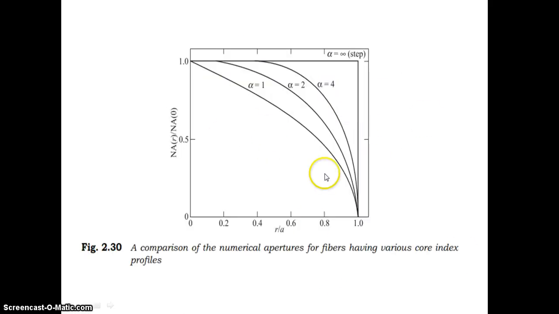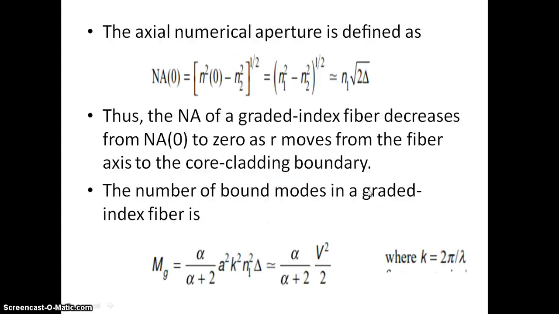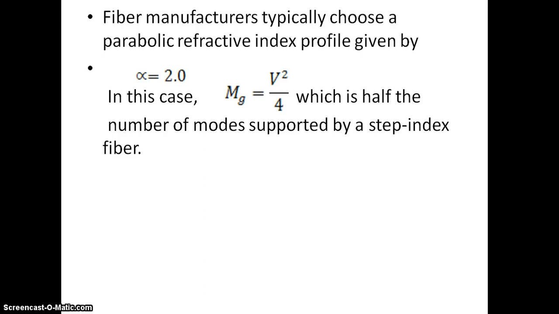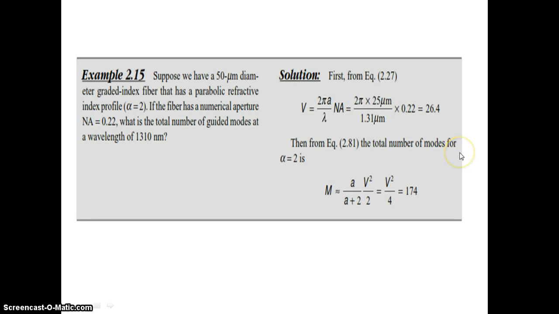This figure shows the numerical apertures of fibers having various core index profiles, and this is the formula for the number of modes. For graded index, M_g equal to V squared by 4, whereas for step index it is M equal to V squared by 2, as we have calculated. Here V squared by 4 is half the number of modes supported by the step index fiber. Okay, so this problem shows how to calculate the number of modes in a graded index fiber.